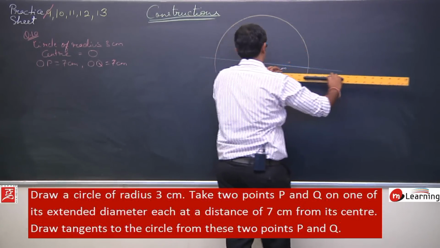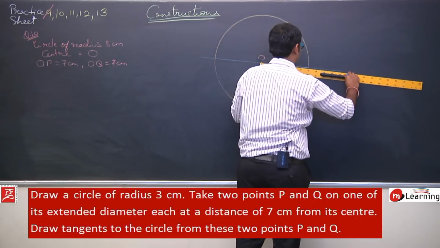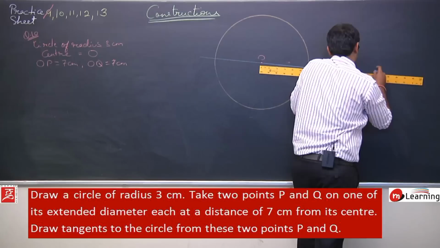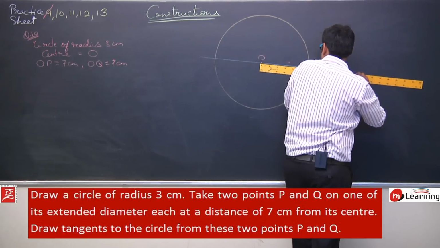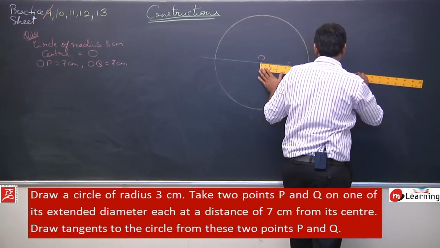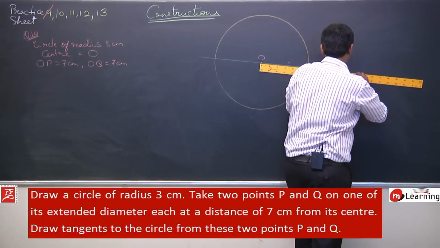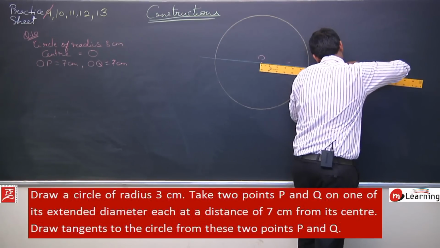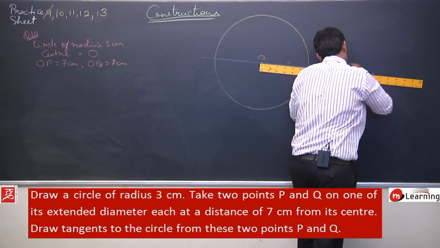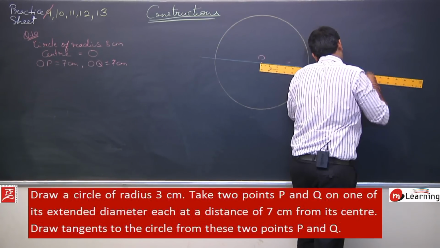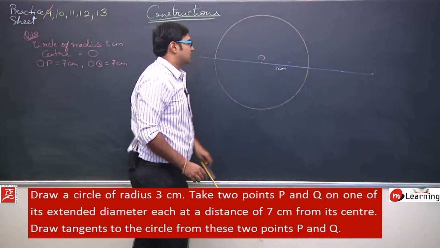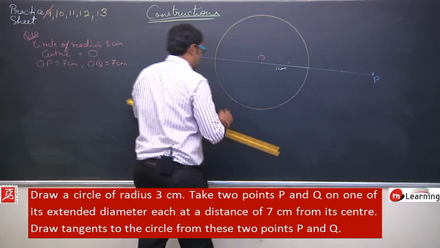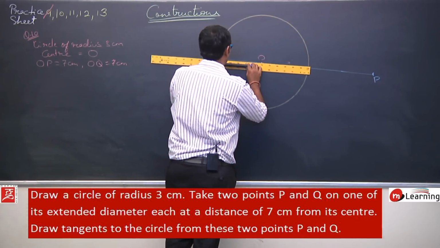Like this, and from the center of this circle I will extend this line till 7 centimeter in both the directions. So how will I extend it? Like this, okay? This is the point P, and 7 centimeter in this direction as well.